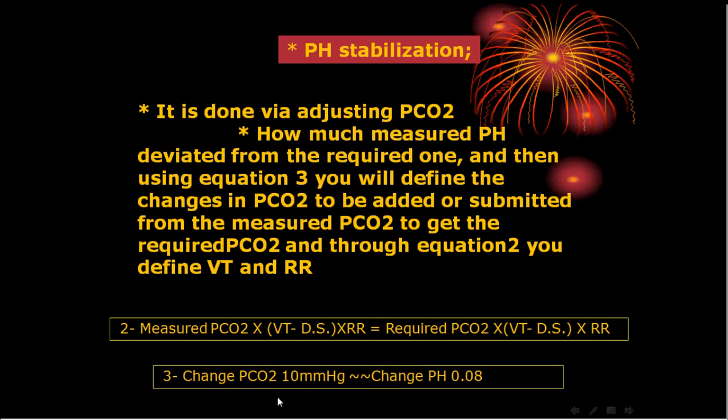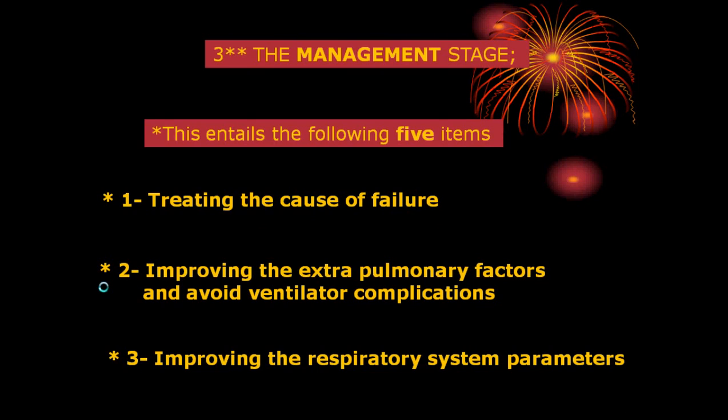A 10 millimeter mercury change will make a change of 0.08. That's why, from the deviation of the pH, you can say how much carbon dioxide is to be added or removed and fulfill this formula. It's very important to handle it like that.